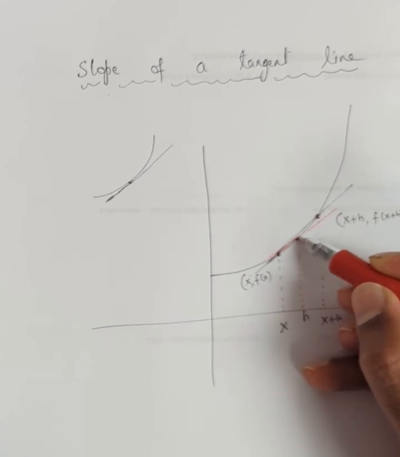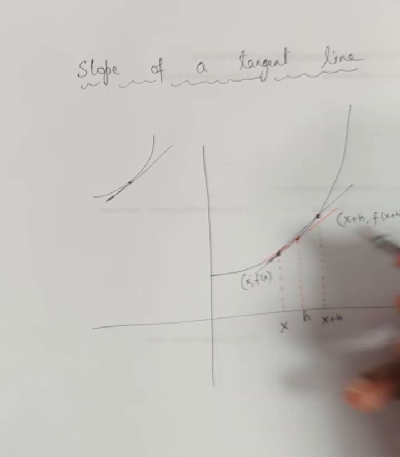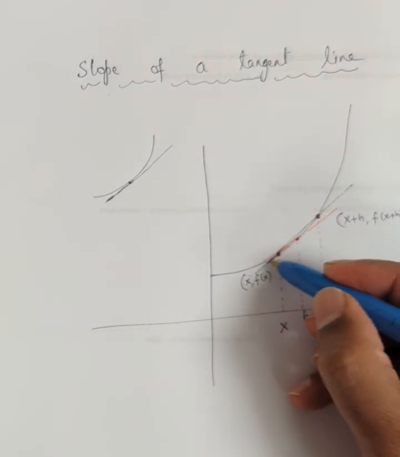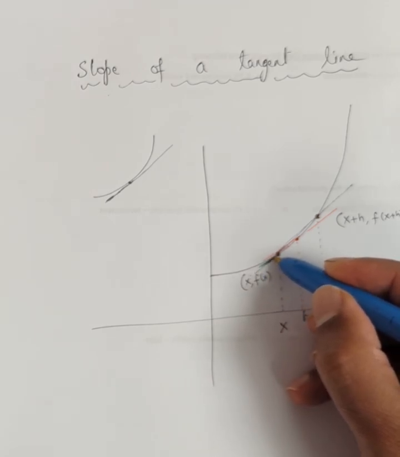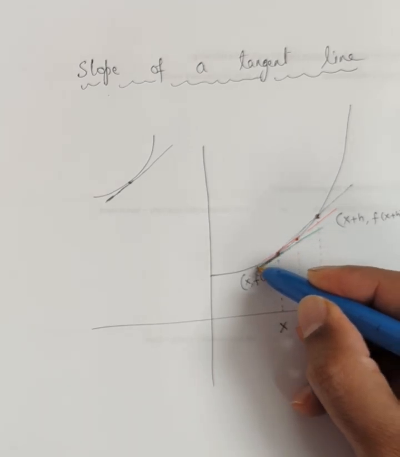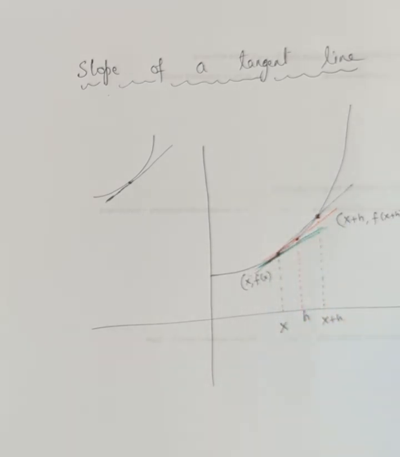The tangent line itself will not meet the curve again, but if you bring this point closer and closer, then you get an idea of what a tangent line will look like. So this is the tangent line. The green is the tangent line. The black line was the initial secant line.